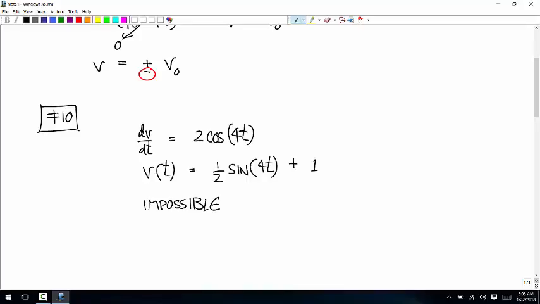So that was a trick question, an inadvertent trick question. So V of t is never 0. So there can never be a time that it changes direction.